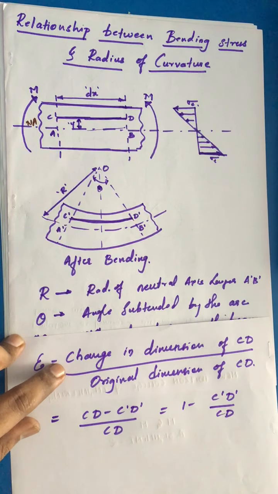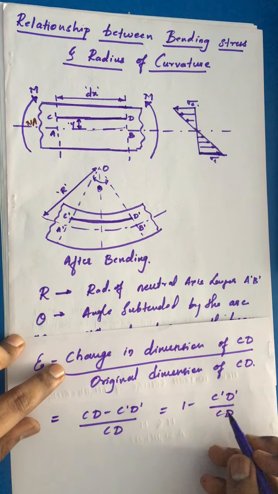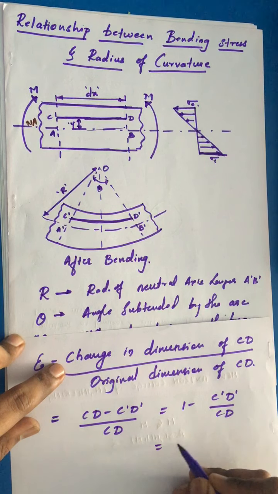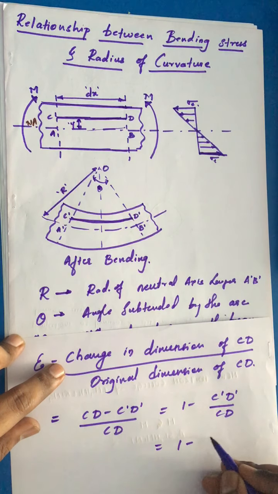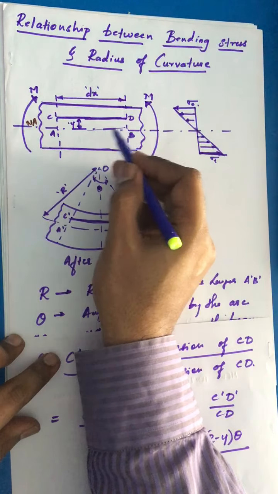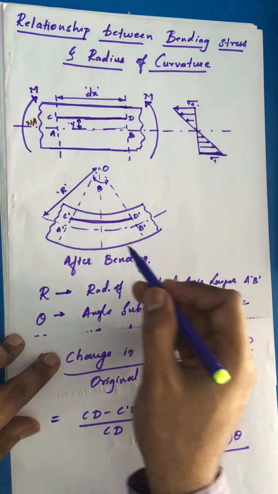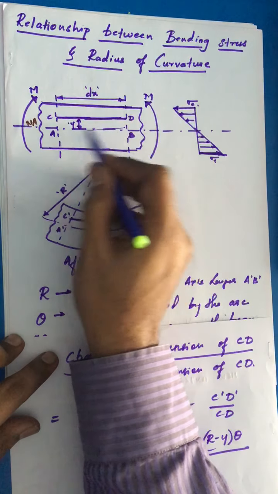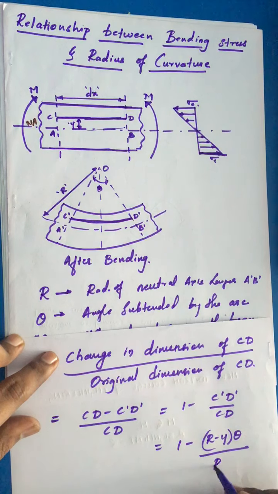Writing this in terms of the arc length formula, I can write it as 1 minus (R minus y) into theta, divided by CD, which is nothing but AB itself, the same as A dash B dash, which is R into theta, the unchanged one.